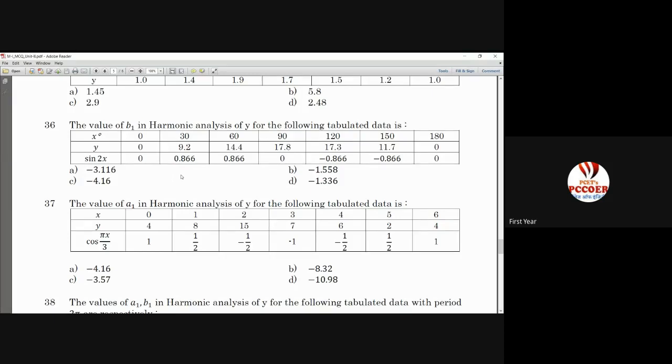9.2 multiplied by 0.866 plus 14.4 multiplied by, and when you're using your calculator, if you don't put the brackets properly, then also your answer will go wrong. So please put your brackets properly.